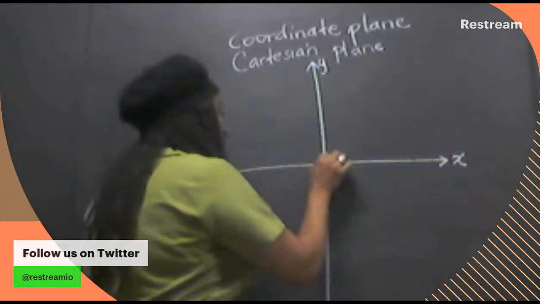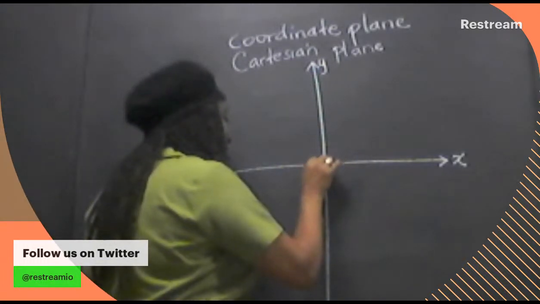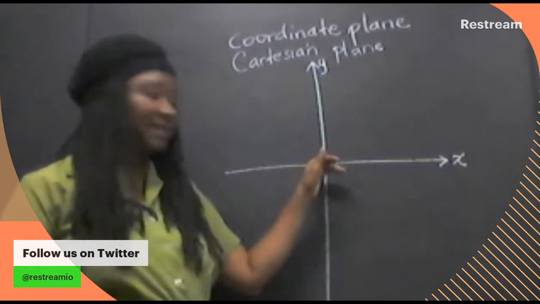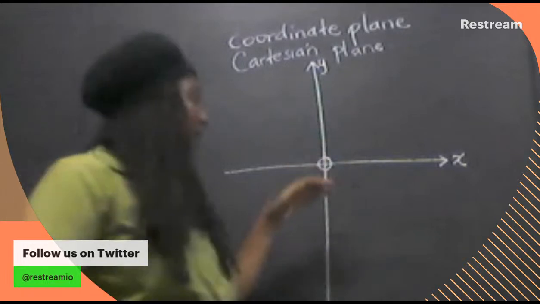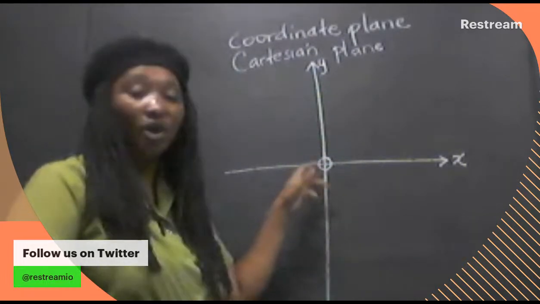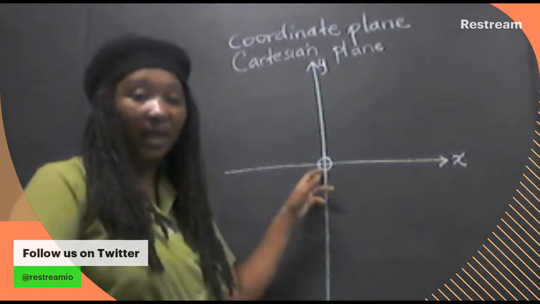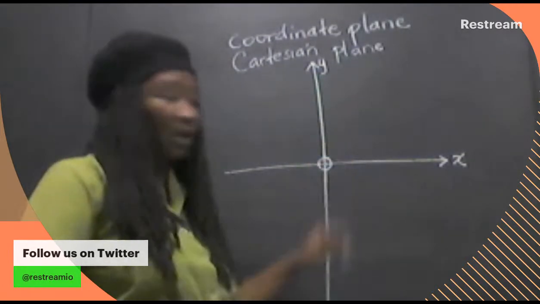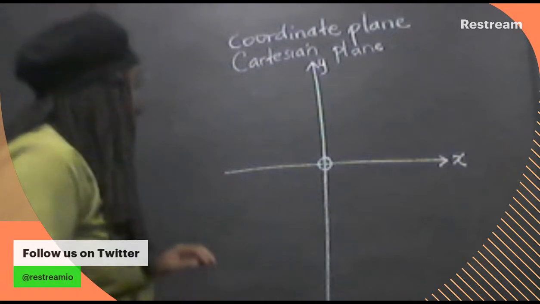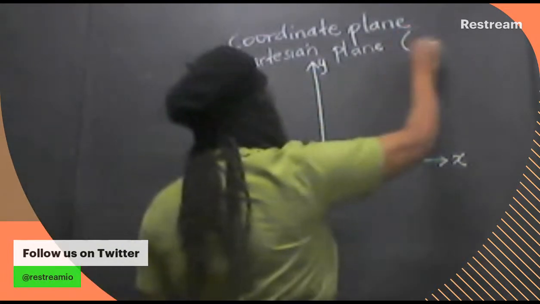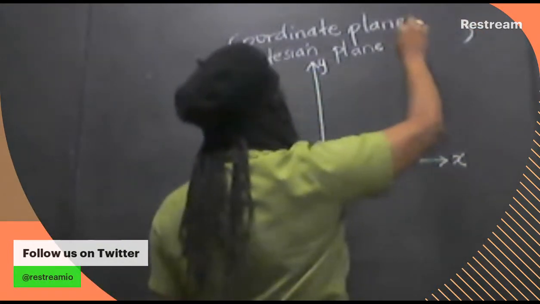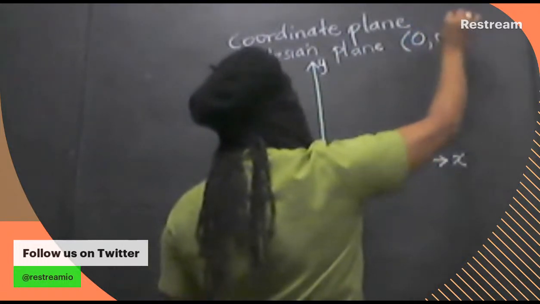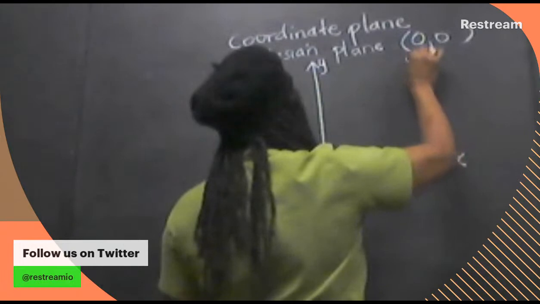Our coordinate plane begins at 0, 0, in the dead center, bullseye. This is called the origin, and the coordinates for here are 0, 0. We write coordinates in pairs, in brackets. So for example, the origin is 0, 0.